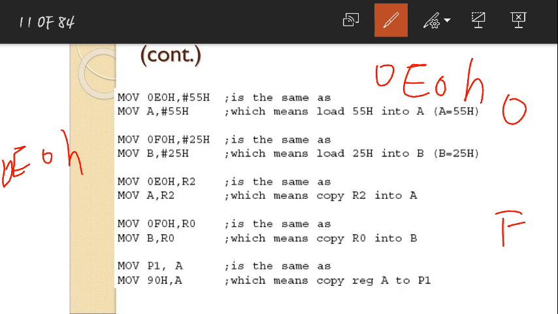But from A to F you have alphabets. In this 8051 you can't directly write an alphabet. It should always start with some number, or else the 8051 can't take that as an address.